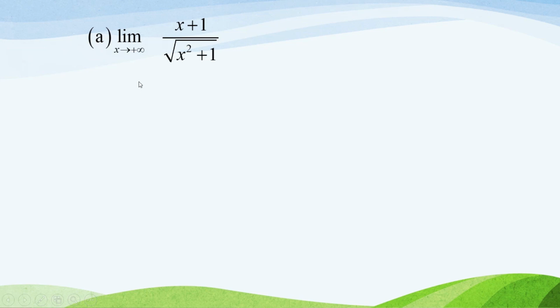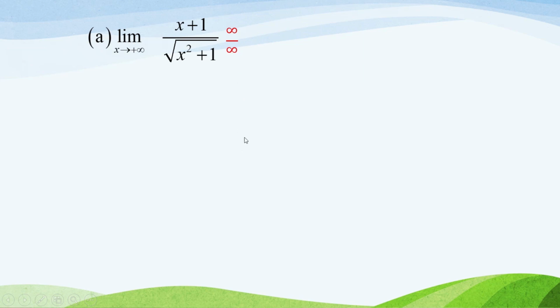For question A, when we substitute infinity for x, we get infinity plus 1, which is infinity, and the square root of infinity squared plus 1, also infinity. So the form is infinity over infinity.